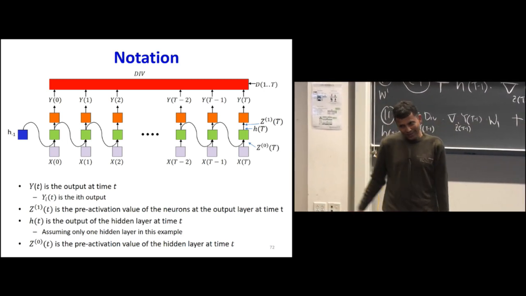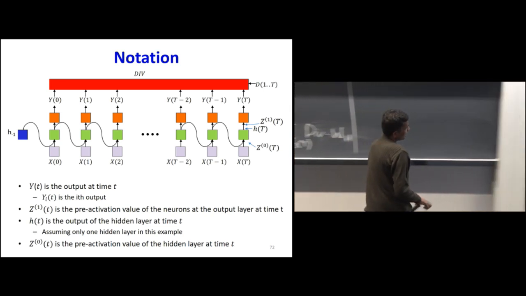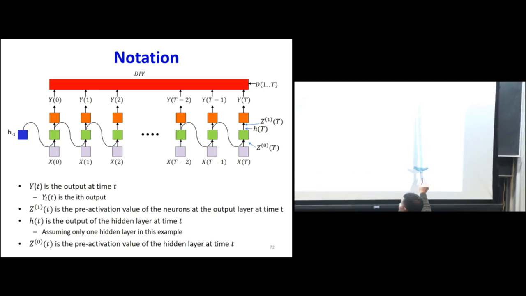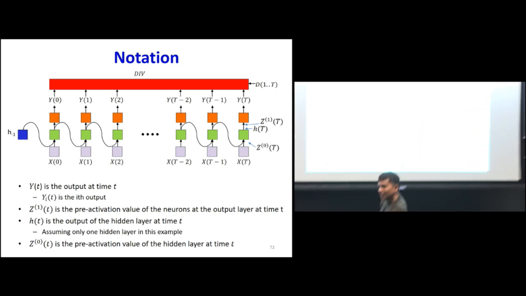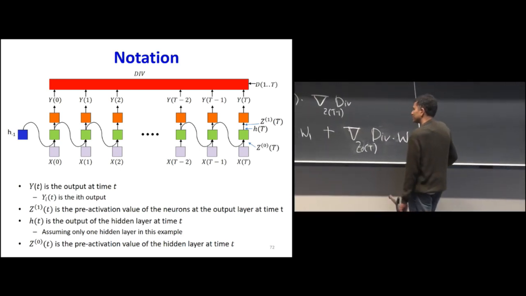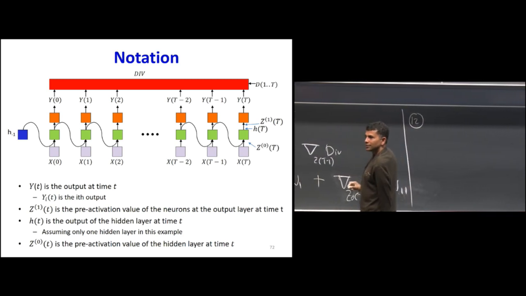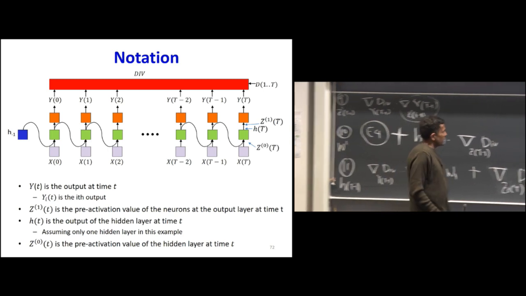The figure's there. So I'm currently out here, and I'm going to have to work my way back to this point. So what is that derivative? Derivative with respect to z0 of t minus 1.